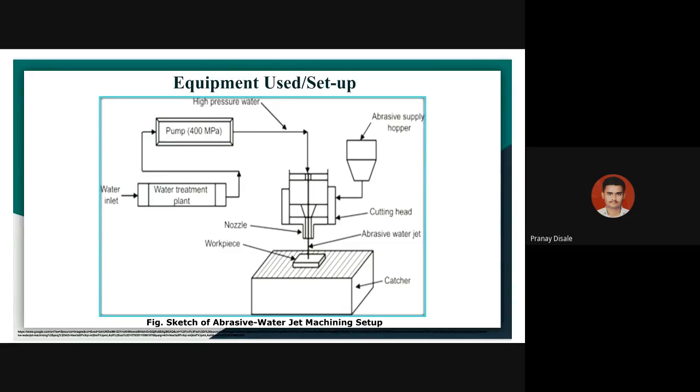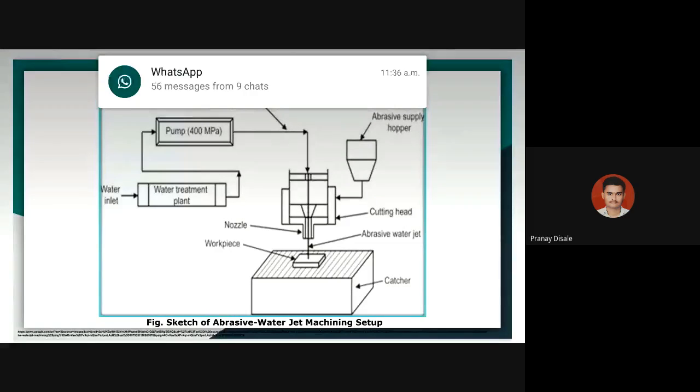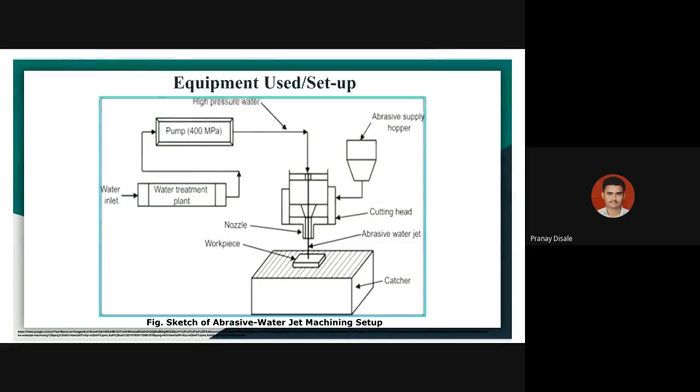With the help of an intensifier, also called a booster. So the pump and intensifier together are the pumping system, through which it produces a high velocity water jet, by pressurizing the water up to 400 or more megapascal with the help of the intensifier.